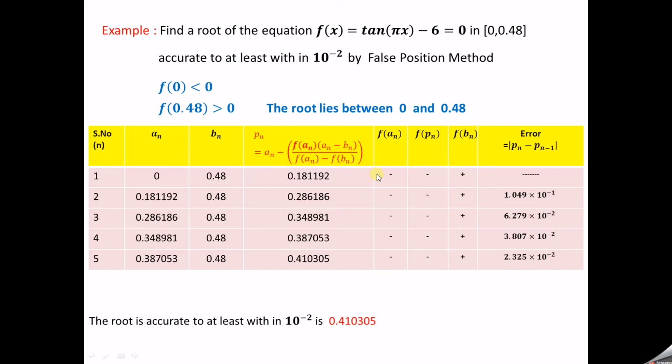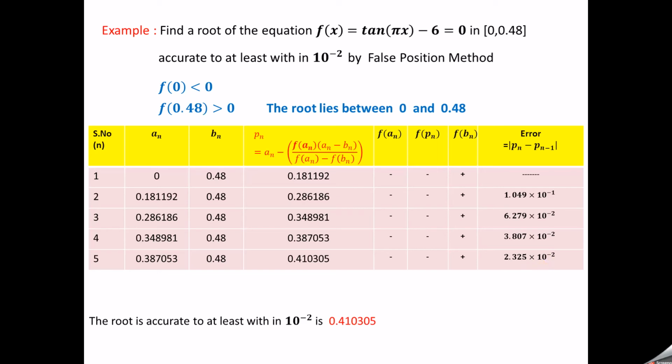So if we go on computing the approximations like this, we see the error is decreasing: 1.049 times 10 power minus 1, after that 10 power minus 2, after that 3.807 times 10 power minus 2, and 2.325 times 10 power minus 2.